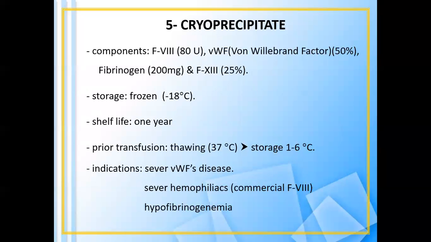We use it for severe von Willebrand disease, severe hemophilias, and hypofibrinogenemia. We use it in these cases because it has a concentrated amount of these components, which can be used for those patients that need them.